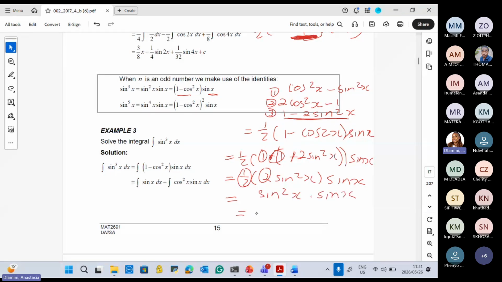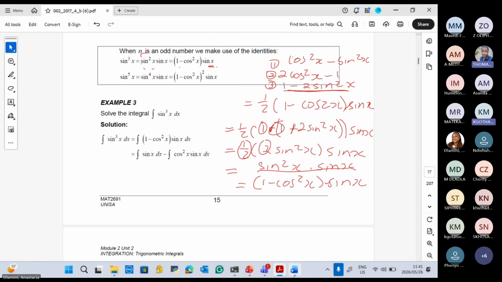So the identity that you'll use here, you can't go back to this one because it takes you back to sine x. The identity that is much better is 1 minus cos squared x times sine x. So that is why it's important that once you split, you use these identities that are here, instead of the double ones, because the double part will take you back to sine squared x and sine x.